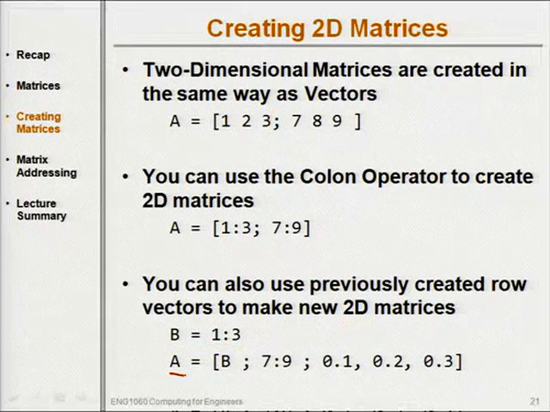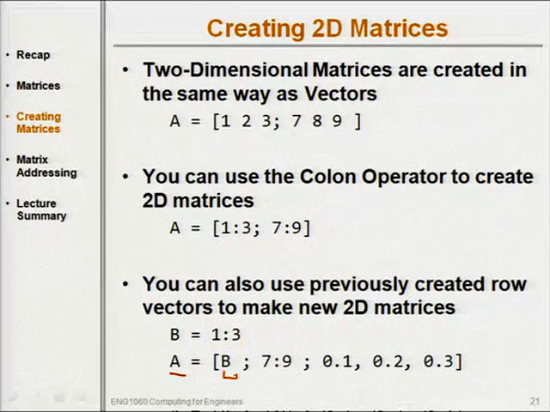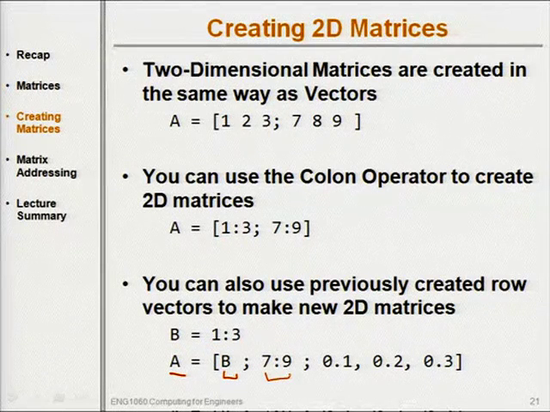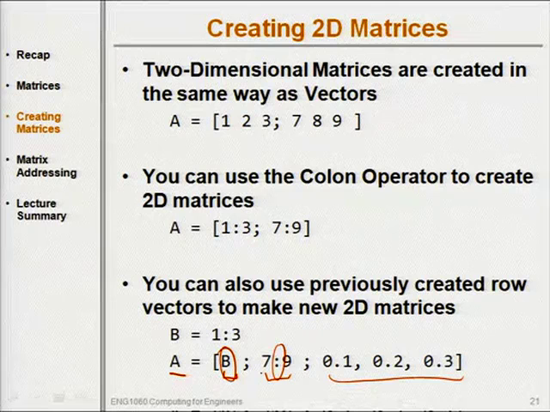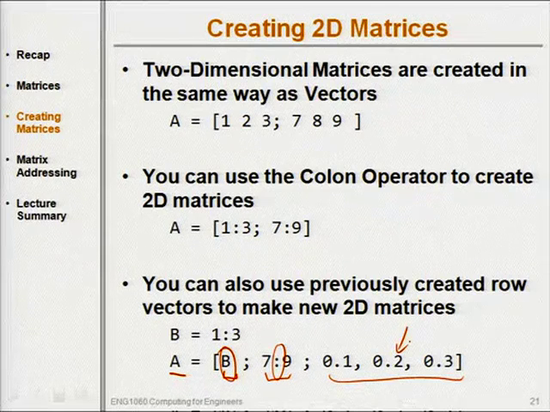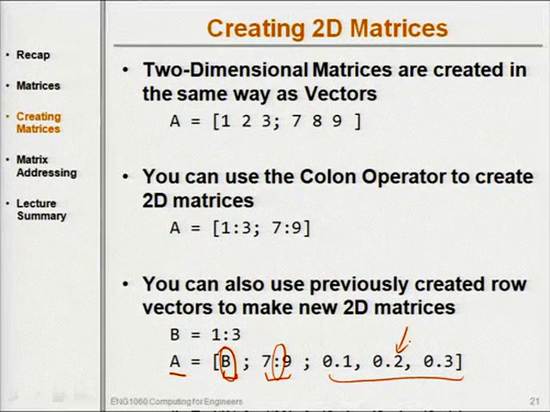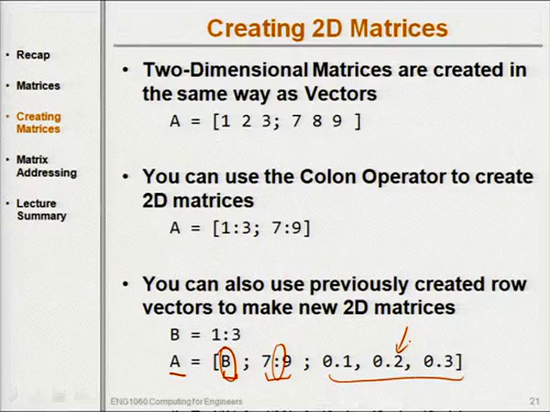So you can now create a matrix A, where the first row is the elements of vector B, and then the second row is 7 to 9, and the third row contains these numbers. So you can mix and match. You can see here, we're addressing a vector from before, we're using the colon operator, and we're also using direct input. So you can mix and match the different ways of creating vectors to write the vector that you need.